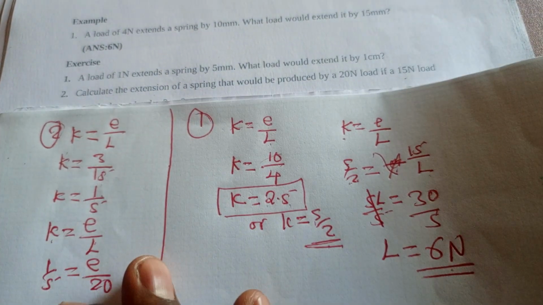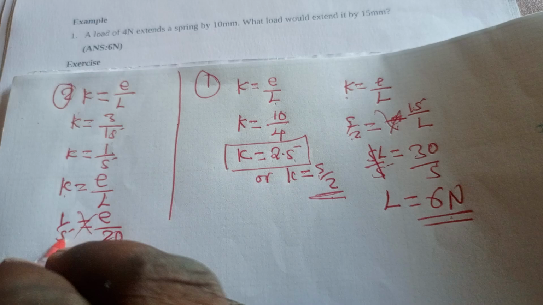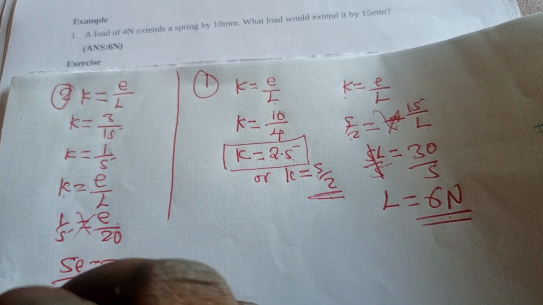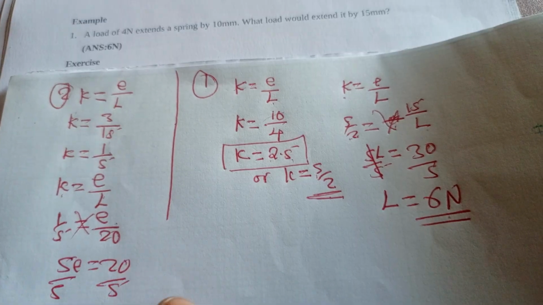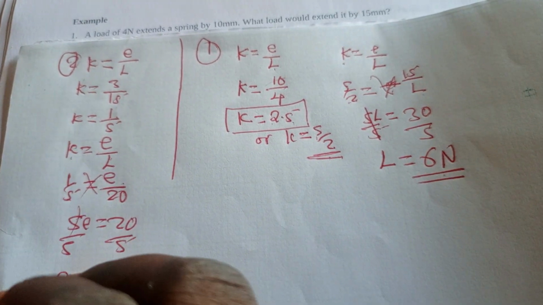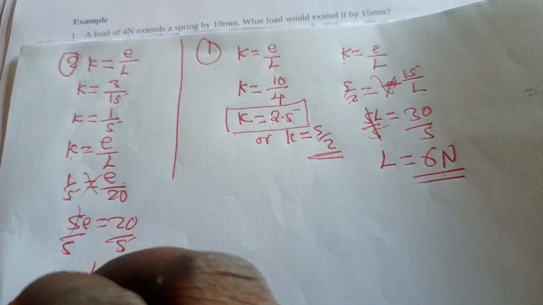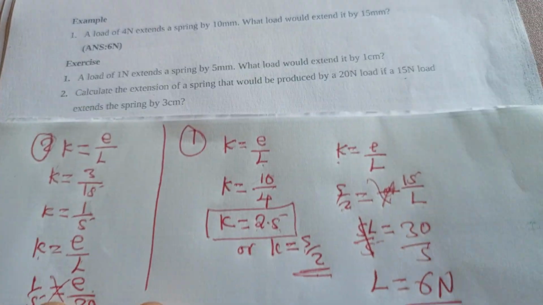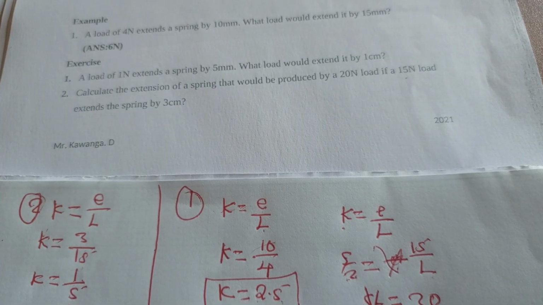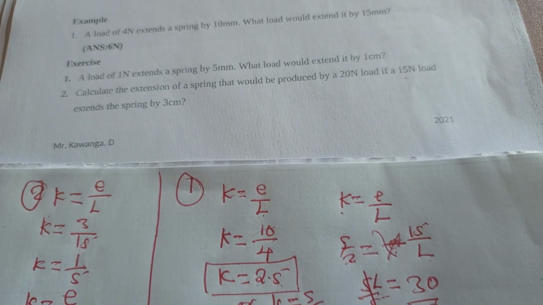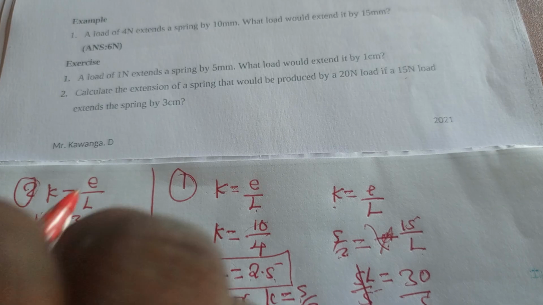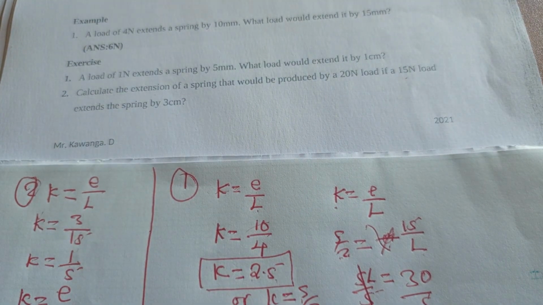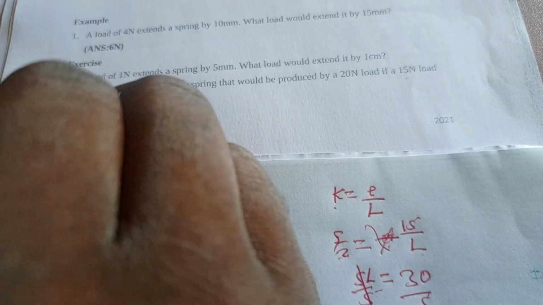Now I'll cross multiply. 5 times E is 5E, equal to 20. So E is equal to 20 over 5, which is 4. So 4 centimeters will be my extension for this question 2.